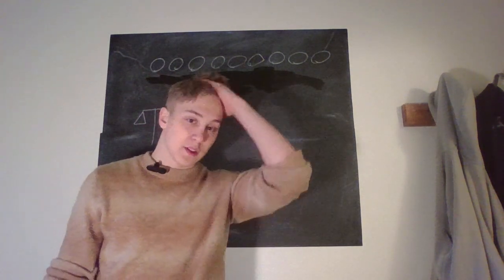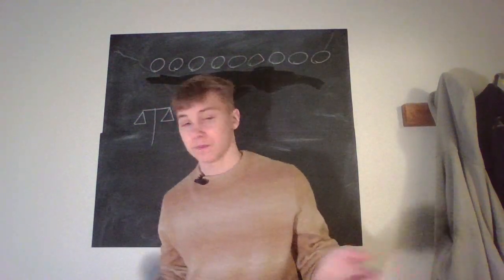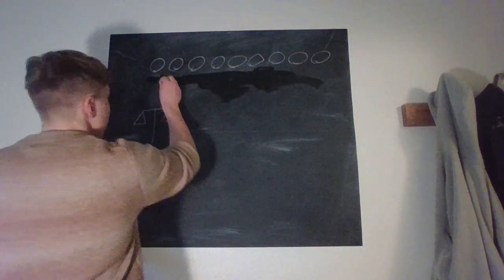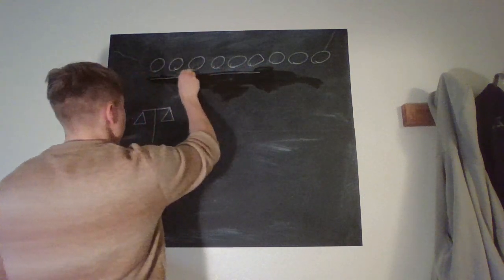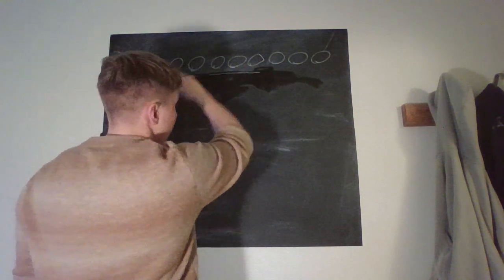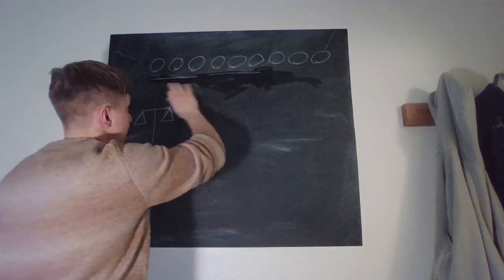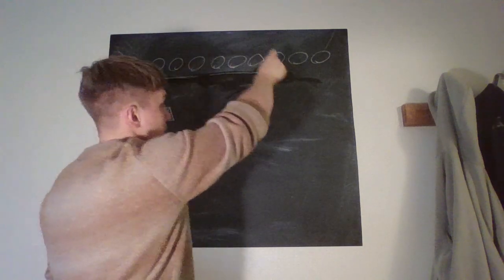Well, we start in the same manner. We compare these three against these three. If they weigh the same, then we know that the counterfeit coin is in the remaining group, and if they don't weigh the same, then we know that the remaining three are all real.